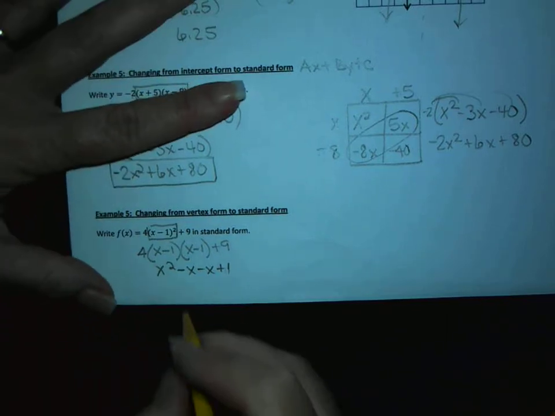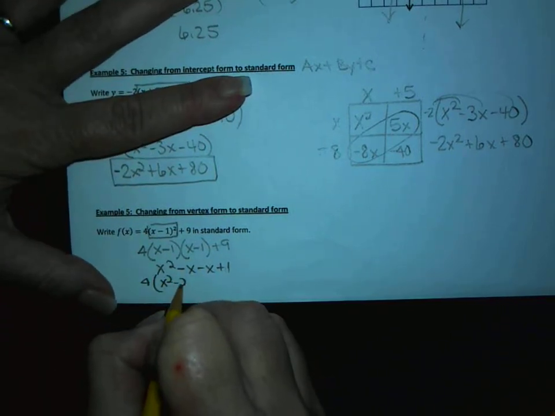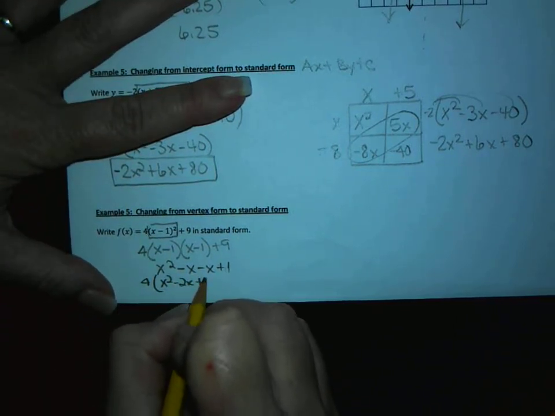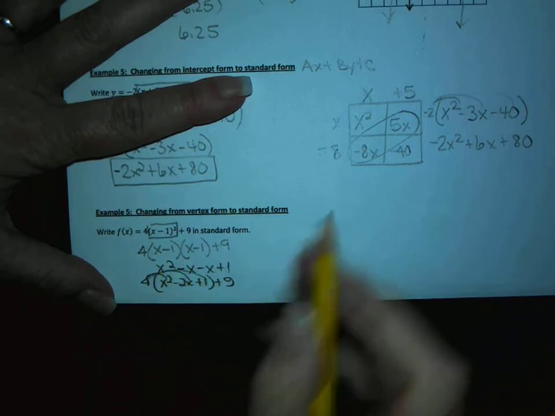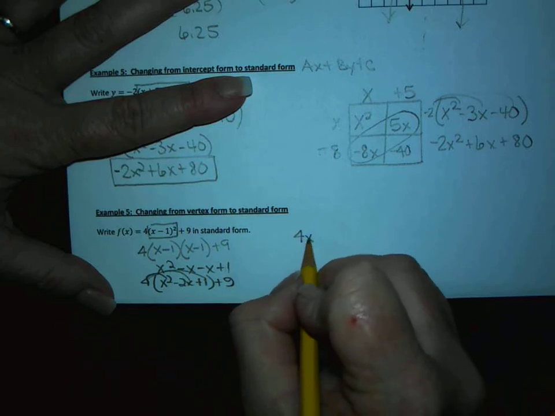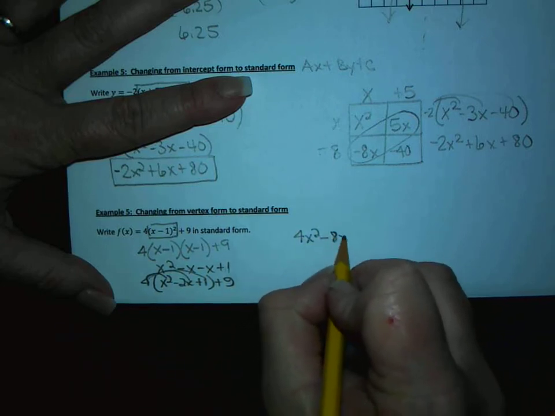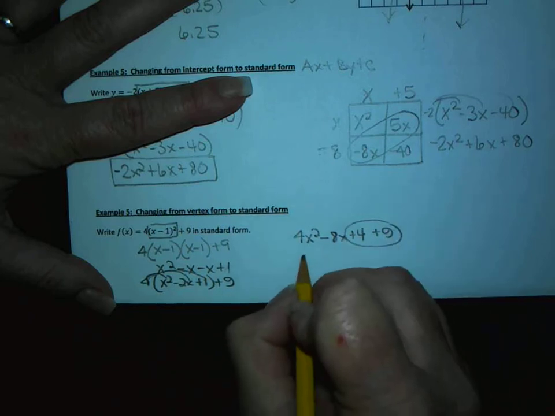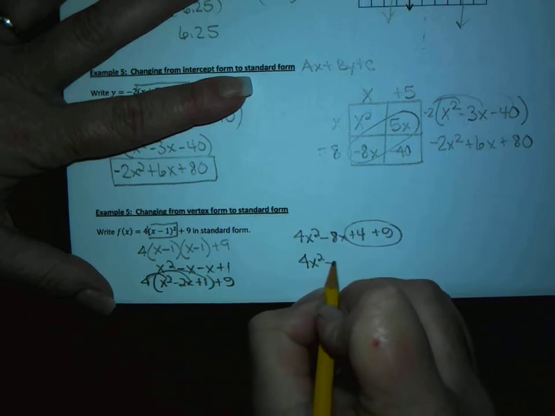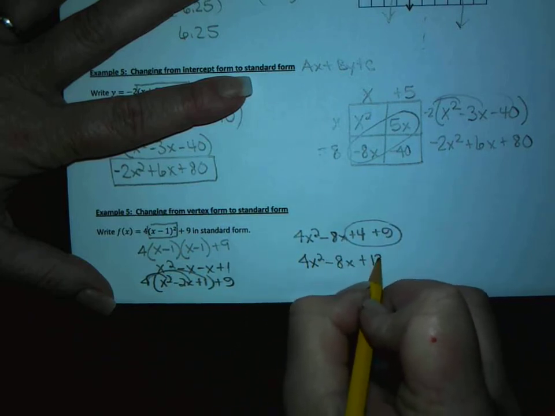So you're going to end up with 4 times x squared minus 2x plus 1. And then remember the plus 9's out here. Then you're going to distribute and you're going to get 4x squared minus 8x plus 4. And then that plus 9 gets combined together. 4x squared minus 8x plus 13.